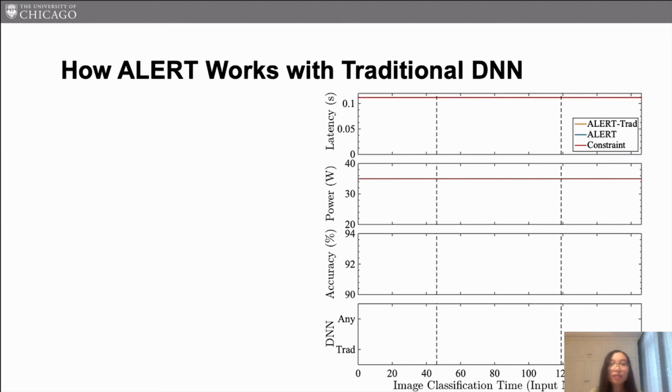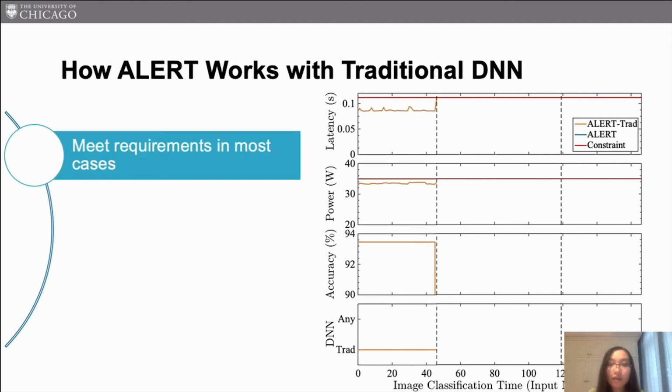Finally, let's look into the different dynamic behaviors of our Alert. This figure shows how Alert works with the traditional DNN when the environment changes. The orange curve is Alert with the traditional network only, and the red line is the constraint. At the beginning, there's only one process for DNN inference.